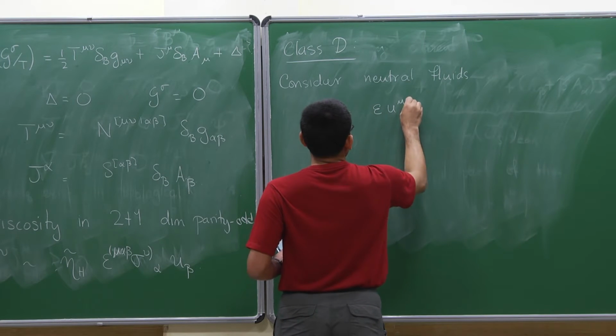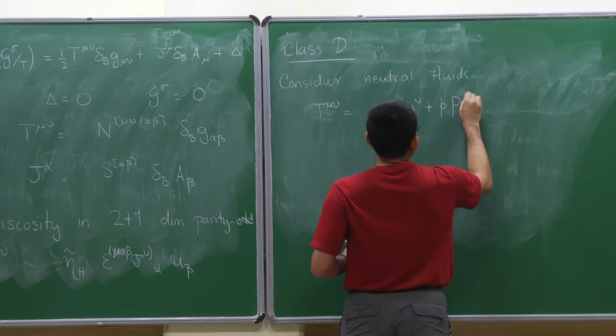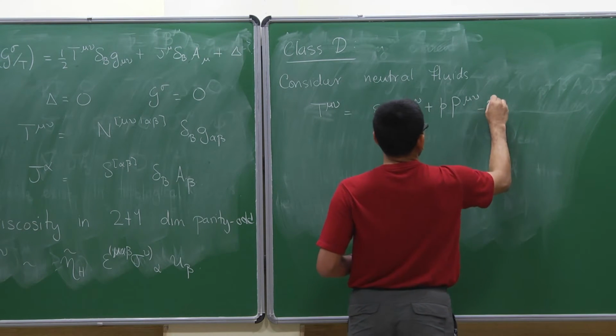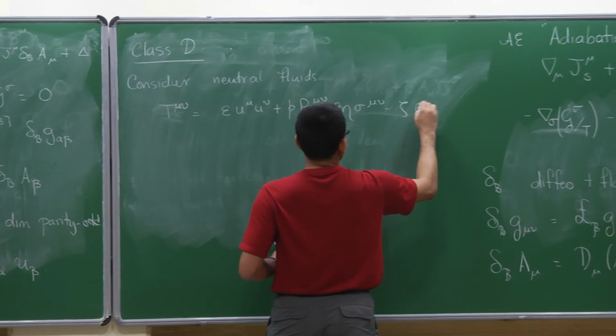My energy momentum tensor starts out its life as the perfect fluid, and then it has some shear terms and bulk viscosity terms.